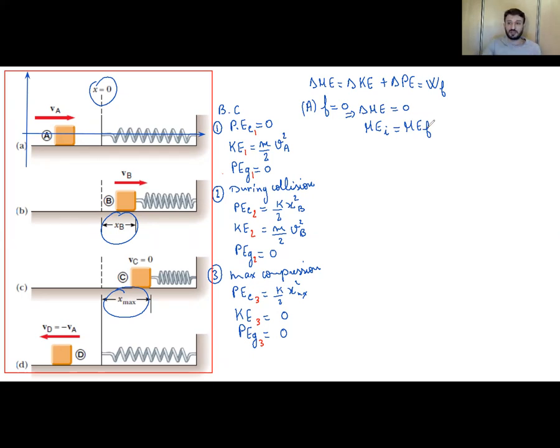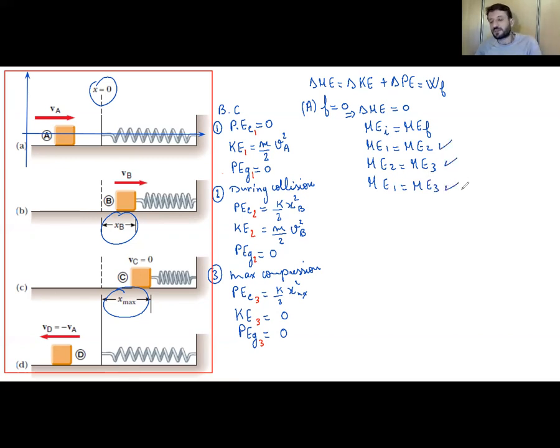So we can say ME1 equals ME2, ME2 equals ME3, and ME1 equals ME3. We can choose any one.